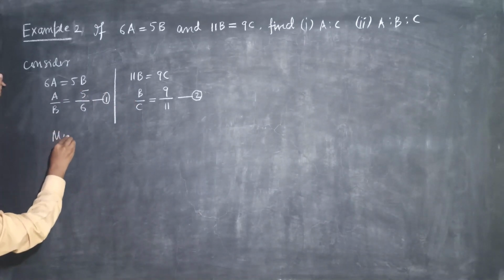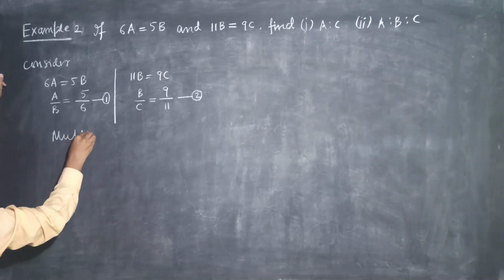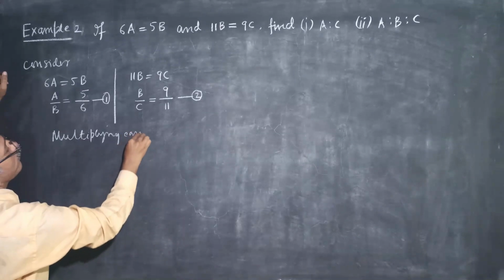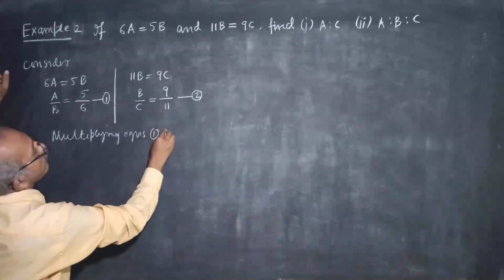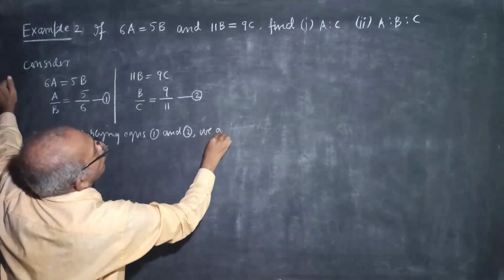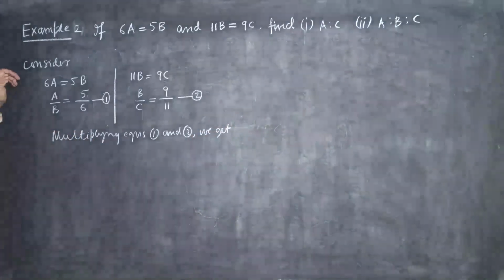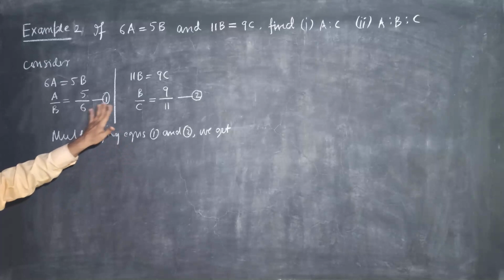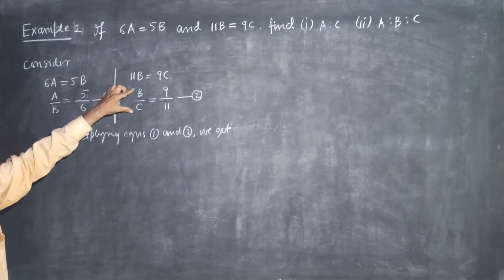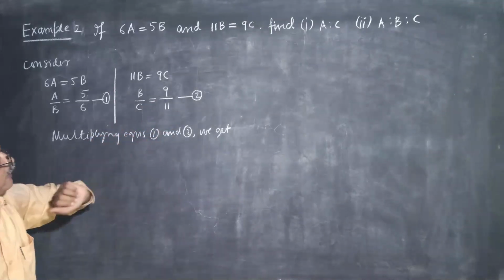Multiplying equations 1 and 2, we get, see, whenever you are multiplying the two equations, always you multiply left hand side to left hand side, right hand side to right hand side.